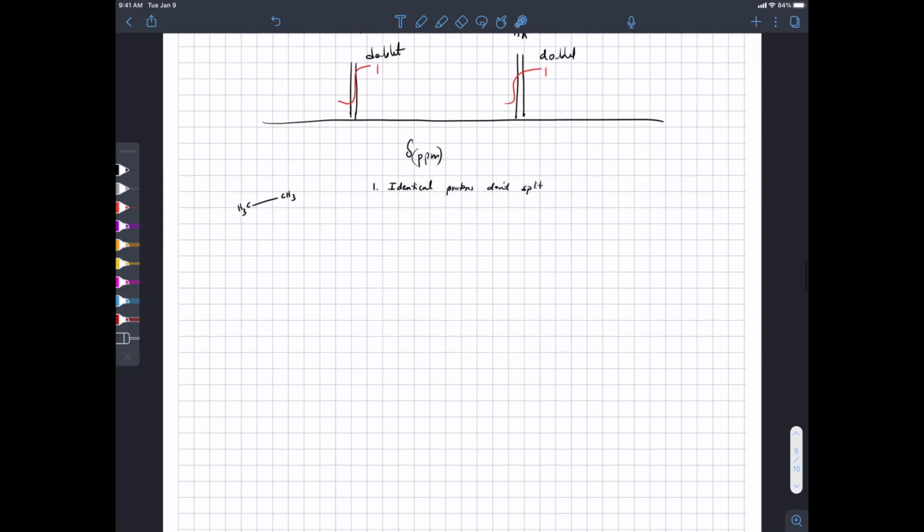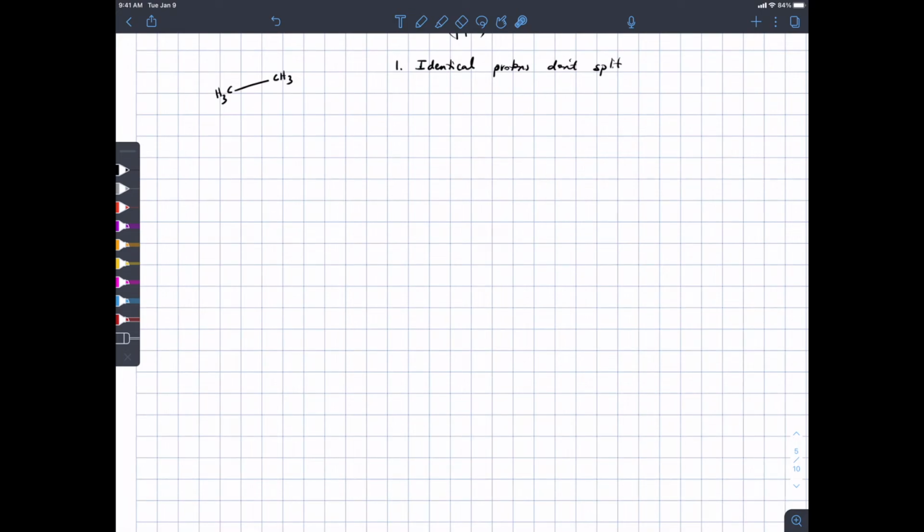Let me give you some common splitting patterns of functional groups that you will encounter. A classic situation would be, okay, orange, purple, blue. In terms of the spin splitting, sometimes called multiplicity, methyl group protons are not adjacent to any other protons.